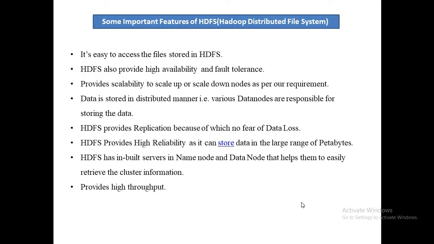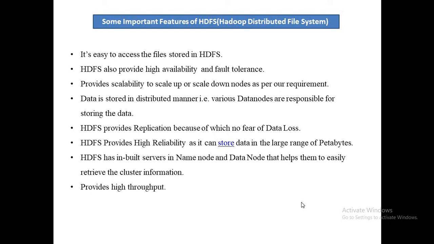HDFS provides high reliability as it can store data in a large range of petabytes. So you can store as much data as you want, huge data. HDFS has built-in servers, the name node and data nodes.